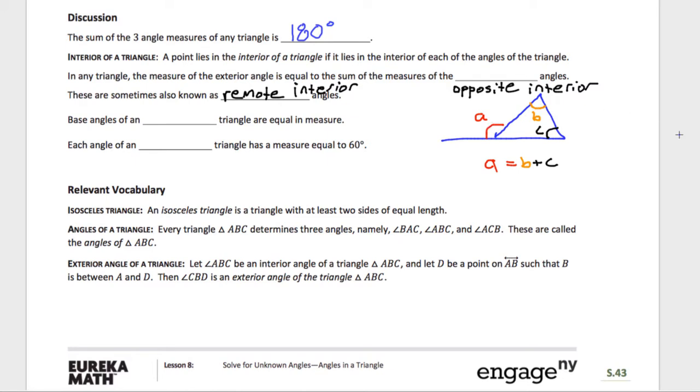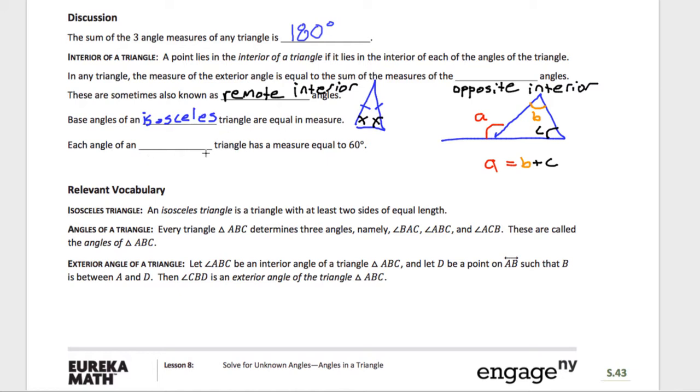We also know that the base angles of an isosceles triangle are equal in measure. So the picture for this one looks like this. If this and this are the same, then this angle and this angle are also the same. That's what this fact is trying to state.